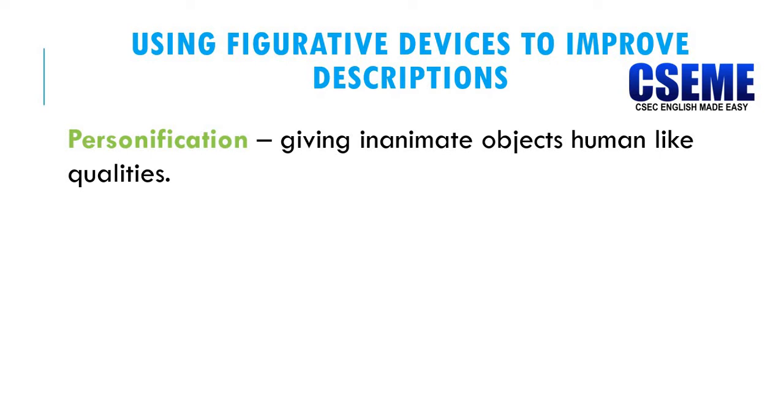So these are things that are considered to be non-living. When we give them human-like qualities, qualities that are similar to that of human beings, it is said to be an example of personification. Let us see what we mean.